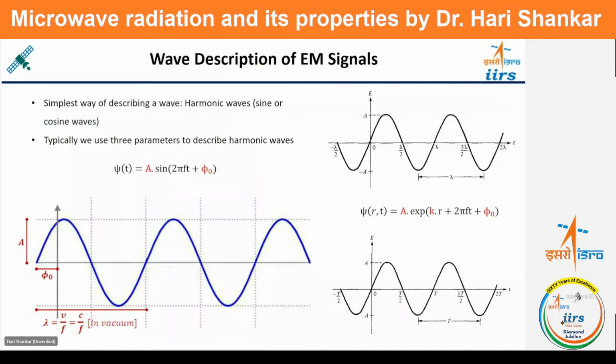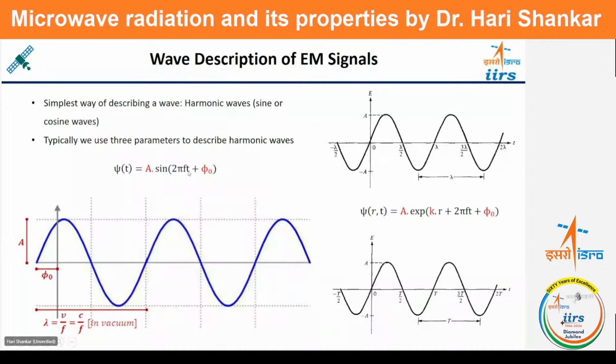The highest gap from here to here is called the amplitude, and the distance from here to here is called the wavelength. This complete cycle is called 1 hertz, a measure of the frequency.